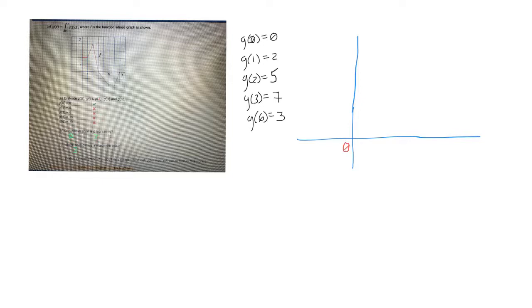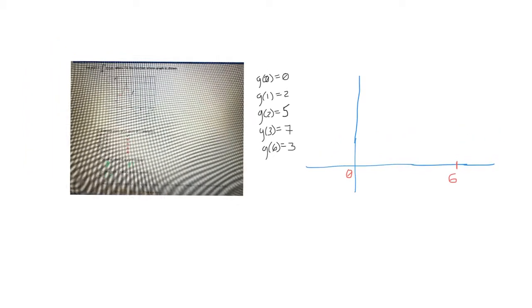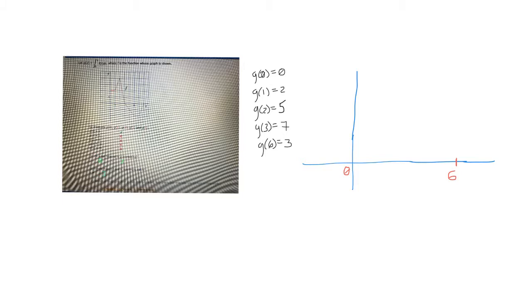We will have 6 here, and we shall have a range of 0 to 7. We'll call this 6, nice perfect square, and then 7 would probably be about that, right?